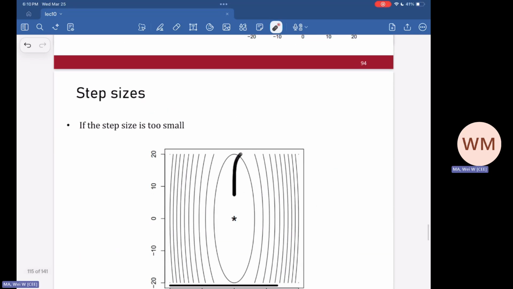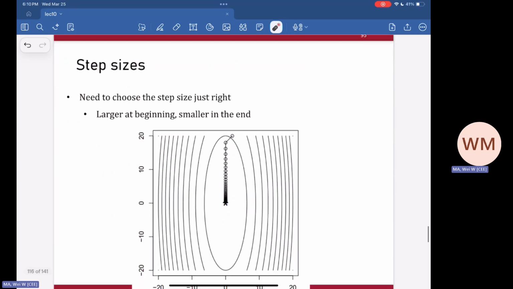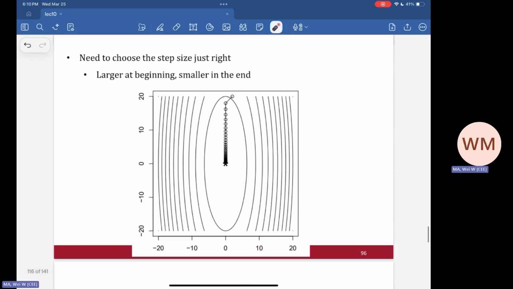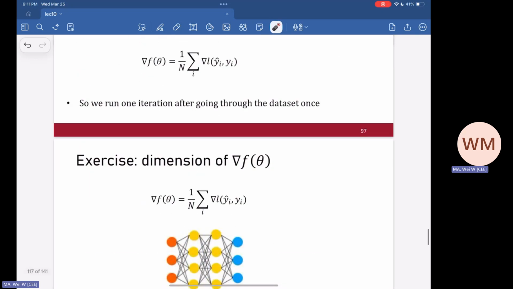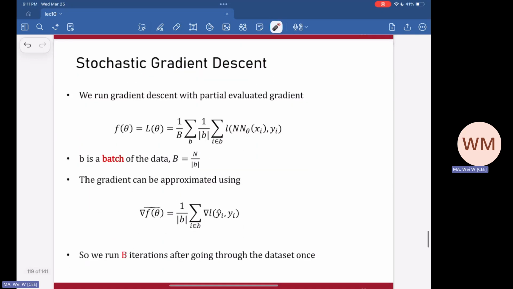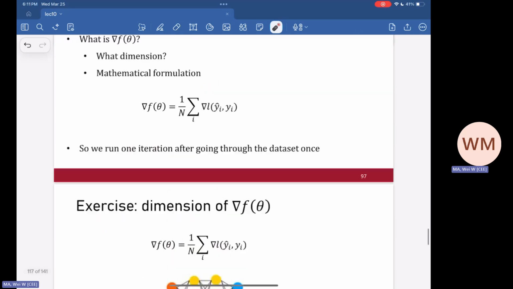If the step size is too small, it cannot reach the final result. I think these are all easy to understand. So you need to choose a proper step size. Then, supposing you can calculate the gradient, what you do is very straightforward: you update each of the parameters separately.